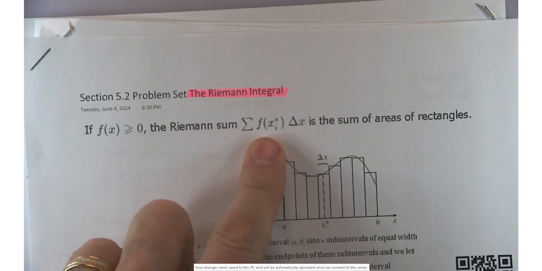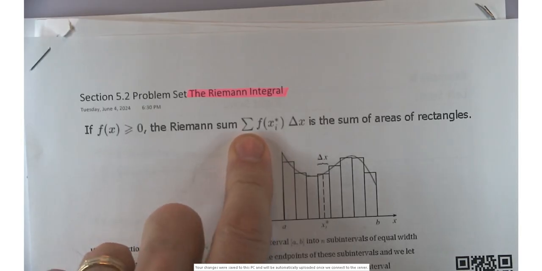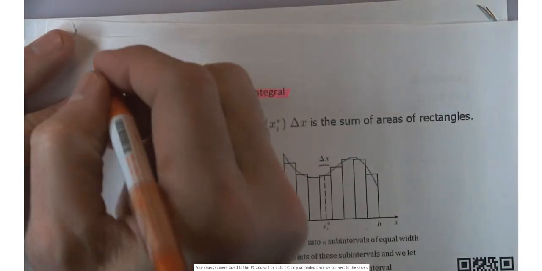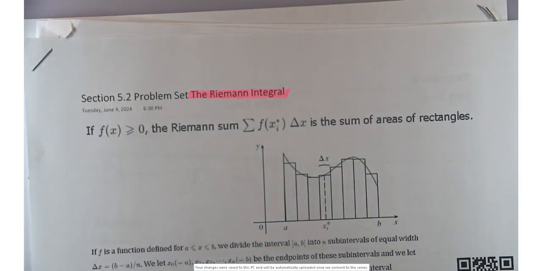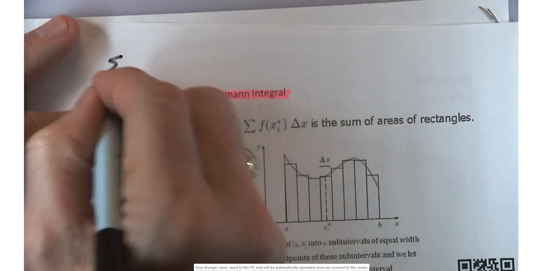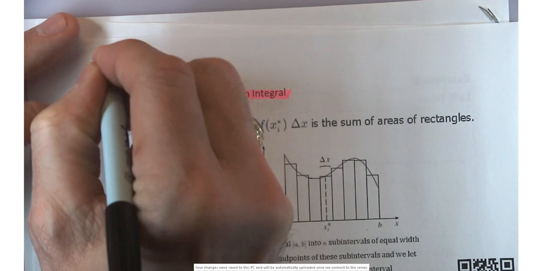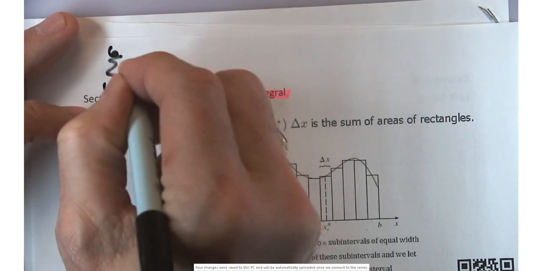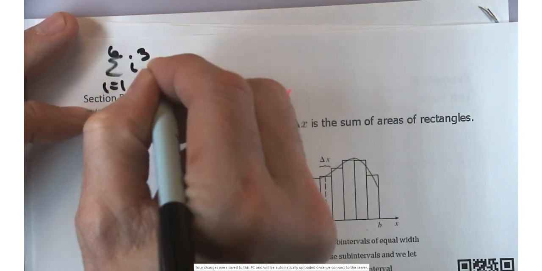So let's remind ourselves of this notation. That's your sigma notation. For instance, I could have the sum from i equals 1 to, say, 6 of i cubed.